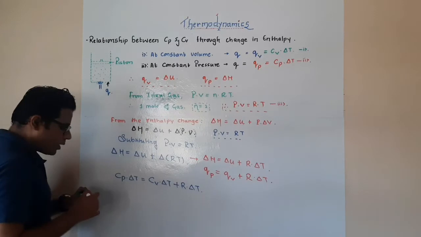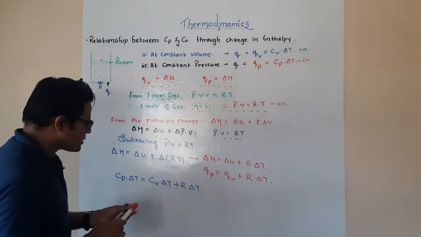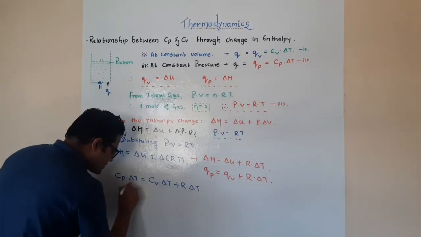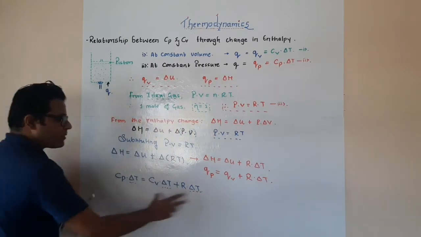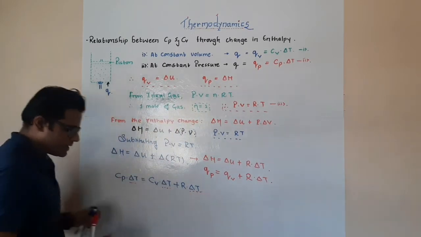Right? So what expression we have common in all these terms is delta T, so we can take off the common and cancel it out.